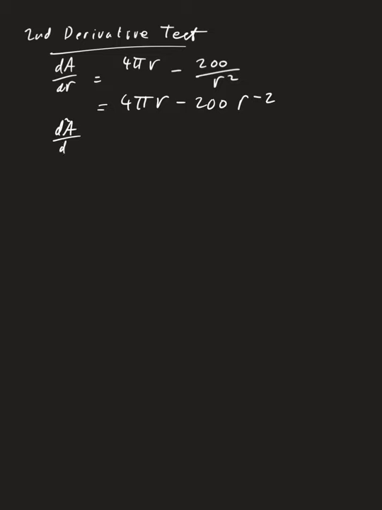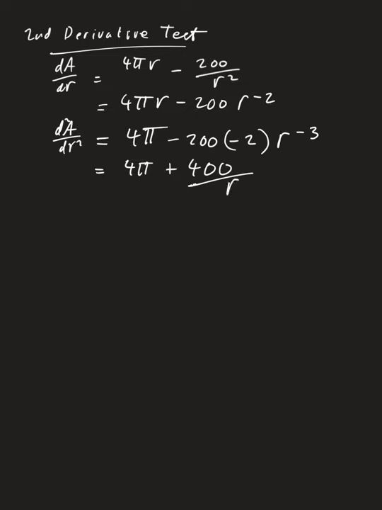I get d2A/dr squared, the second derivative of the area with respect to the radius. I differentiate again and get 4 pi minus 200 times minus 2 times r to the power of minus 3. That's 4 pi plus 400 over r cubed.